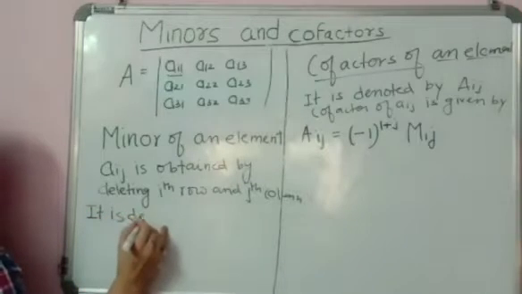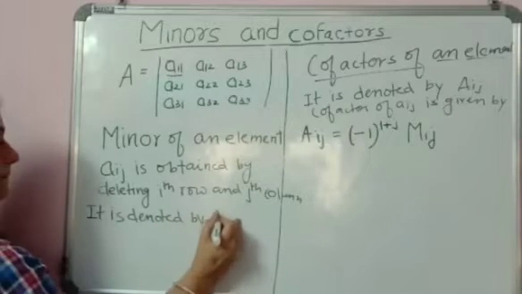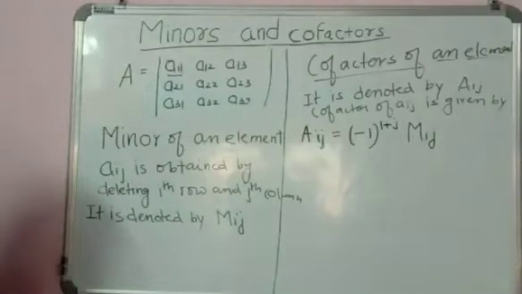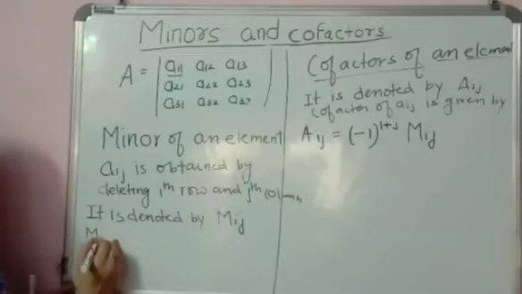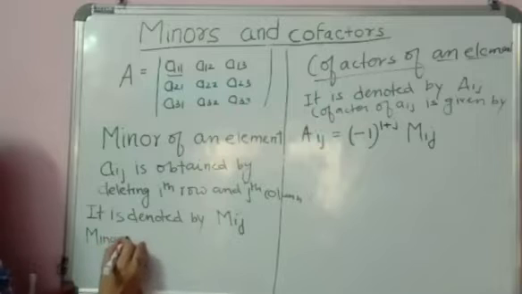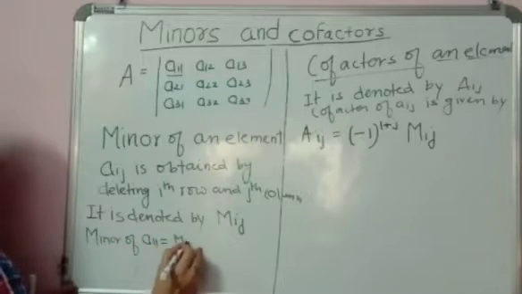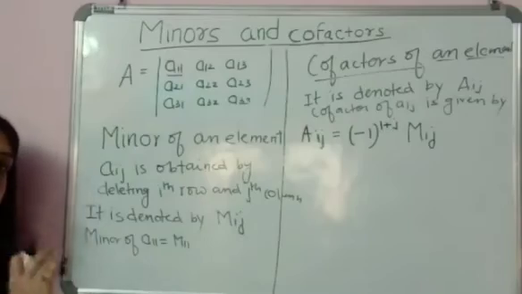All of you note it down. So the minor of A11 will be denoted by M11, and it is obtained by deleting the first row and the first column.